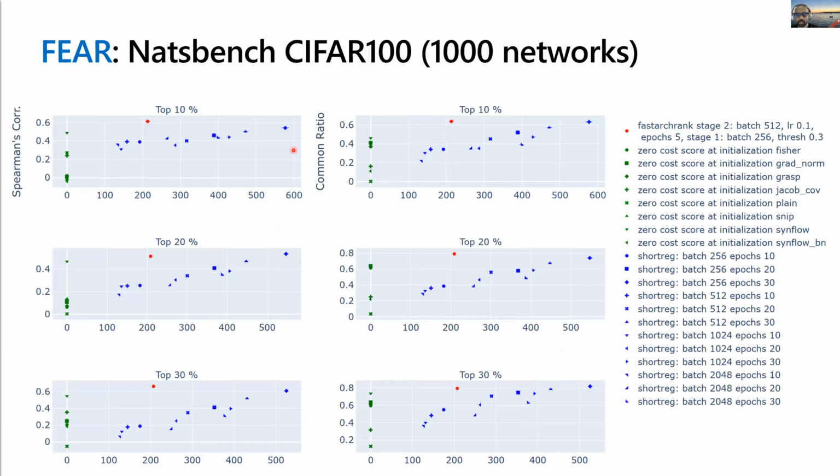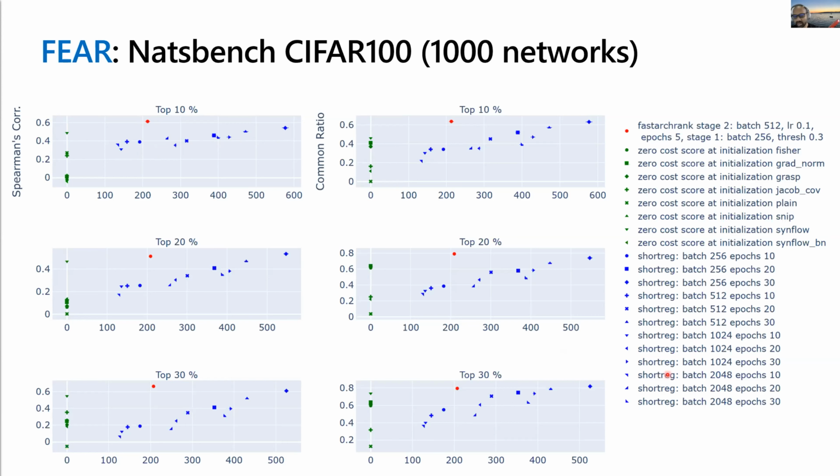Okay, on CIFAR-100, this is the first plot I'm showing you. The red dot shows you FEAR, which stands for fast architecture rank. On this column, you see the Spearman's correlation. On this column, you see the common ratio of overlap. And just for clarity, I'm only showing the top 3 bins. These are all cumulative bins, like the top 20% includes everything in the top 10% of ground truth. You can see that Spearman's correlation is much higher compared to the blue dots, which are the Pareto frontier of all kinds of things you could do.